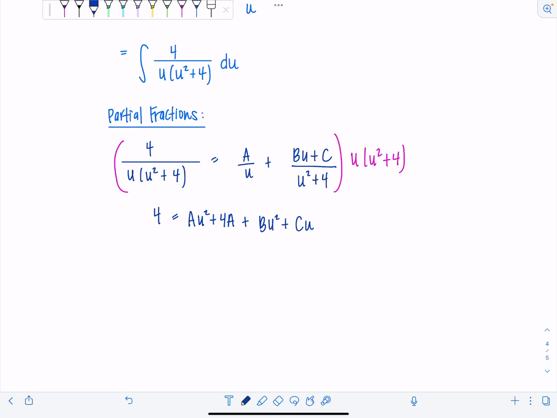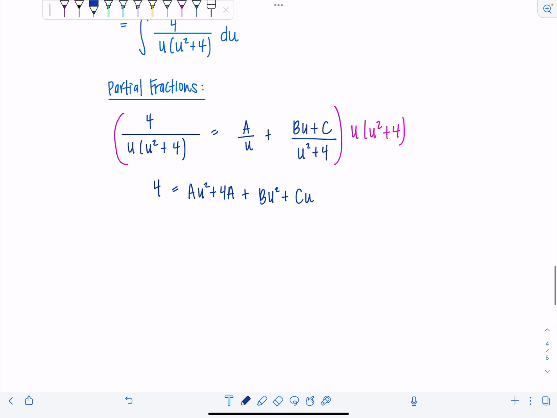Okay. Again, since one of the factors was an irreducible quadratic, I'm going to solve for a, b, and c like I did in the previous example, the second one. So for the squared terms, there aren't any on the left. So 0 must equal a plus b, right? Good. And then the linear terms, there aren't any on the left.